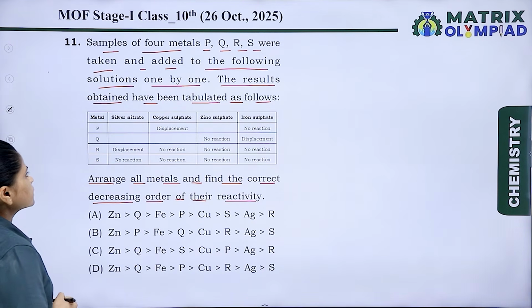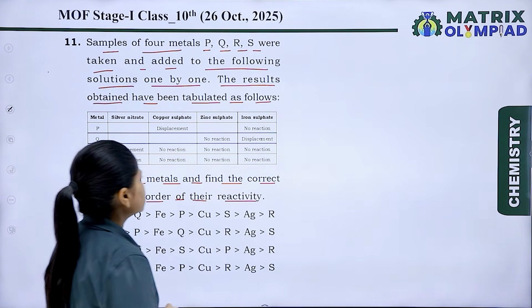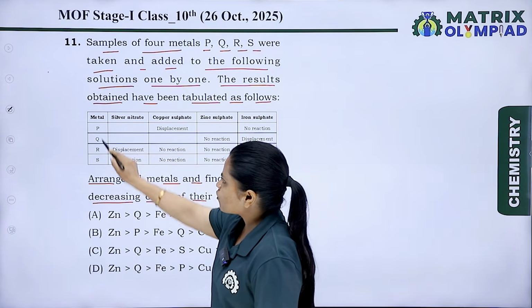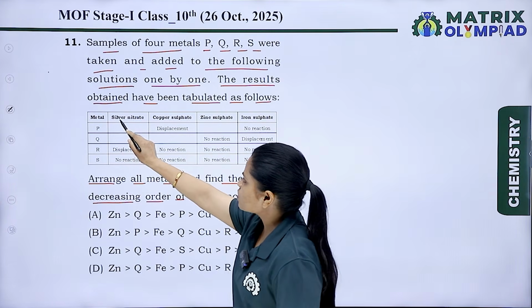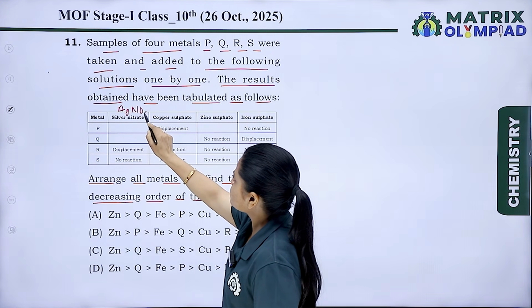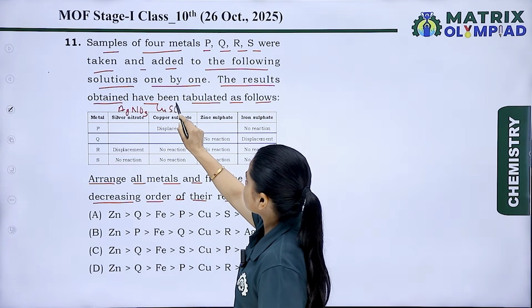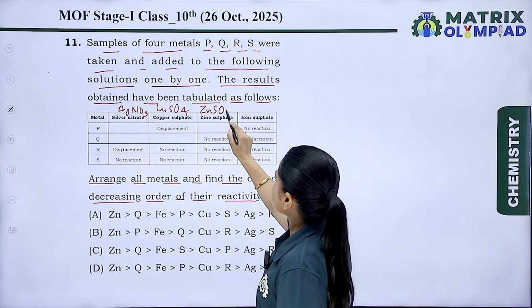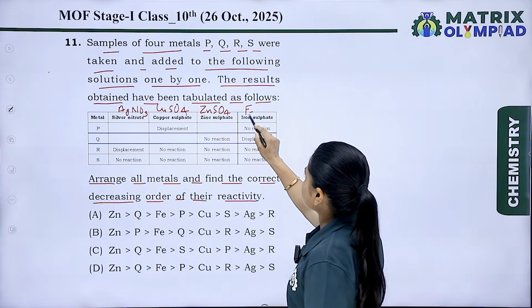Now let's discuss the table. In this table there are 4 metals P, Q, R, S and 4 solutions: silver nitrate, copper sulfate, zinc sulfate and iron sulfate.